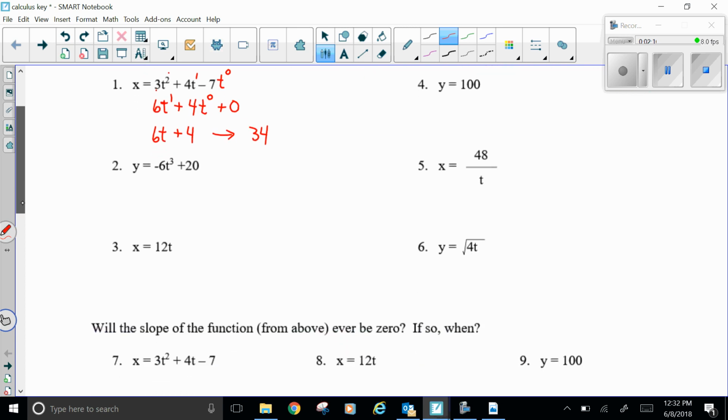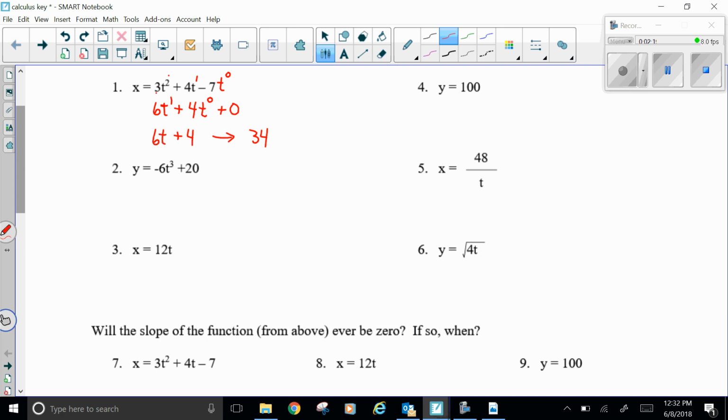Question number 2. Same thing, so I have my exponent of 3, so negative 6 times 3 gives me negative 18, t to the second power, because I dropped the exponent by 1. This right here, 20, t to the first, becomes t to the 0 power, 20 times 0 gives me 0, and so my function for the derivative is going to be negative 18 times t squared.